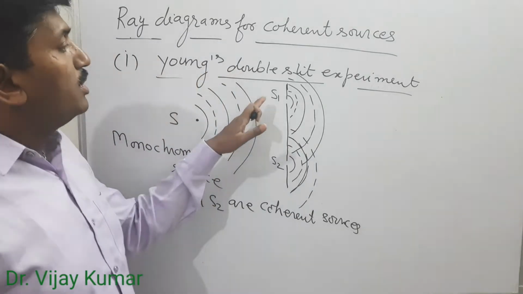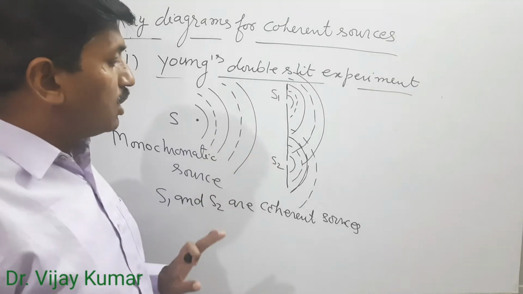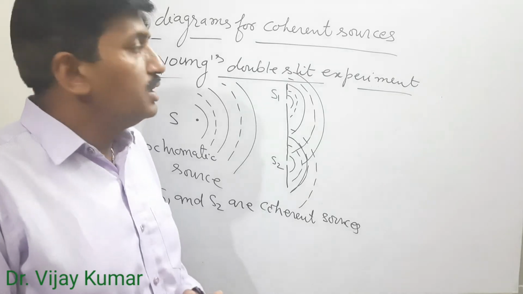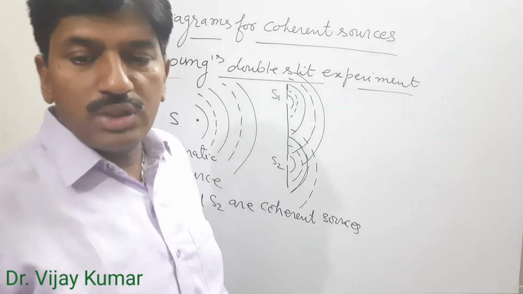The phase difference of the wavelets produced by these 2 pinholes is always constant, or we can say the path difference remains constant. So this is the first method for production of coherent sources.